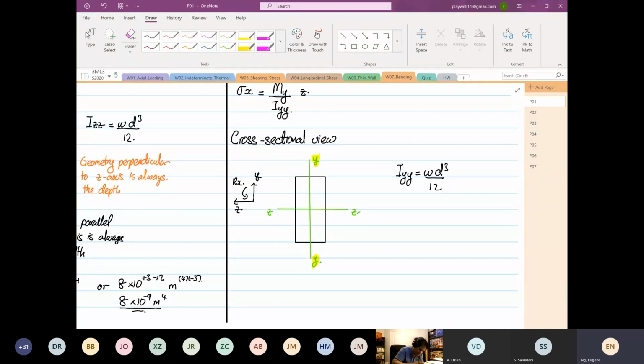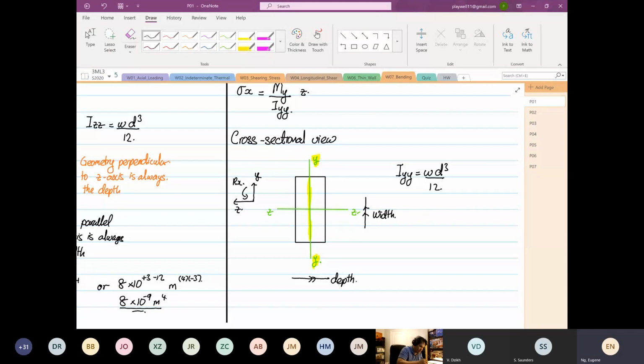The YY axis now is in this orientation. So remember what I taught you. Parallel to the axis is our width. We are interested in YY, so parallel to the YY axis is the width. Perpendicular to the YY axis is the depth.